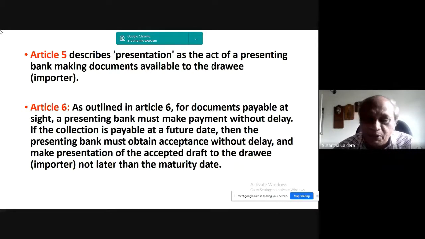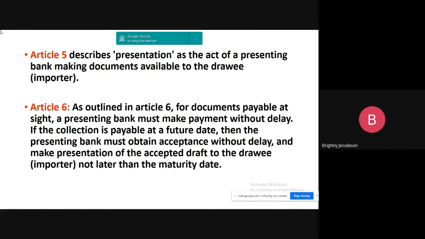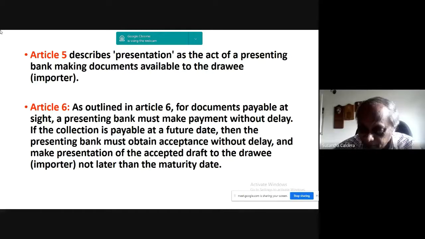Every 2 weeks, follow up. Then, sir, can we give loan facilities to the buyer if they are not able to pay the bill? Why not? If you are ready, you can give.